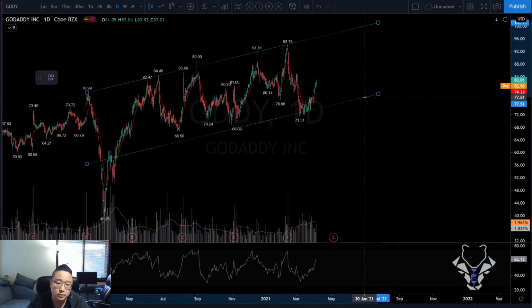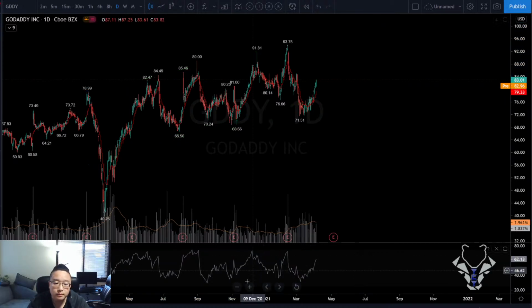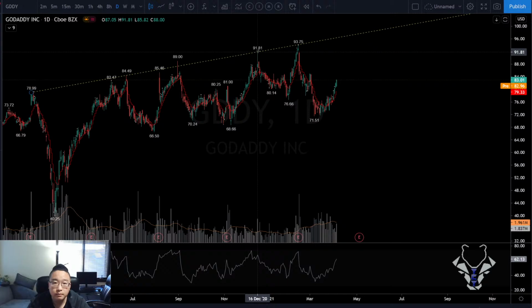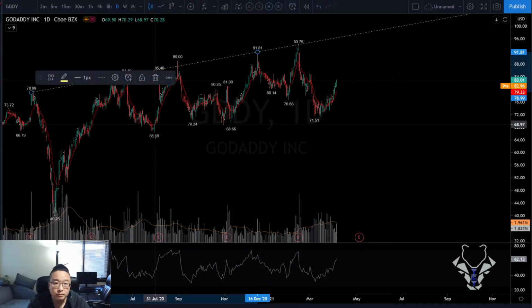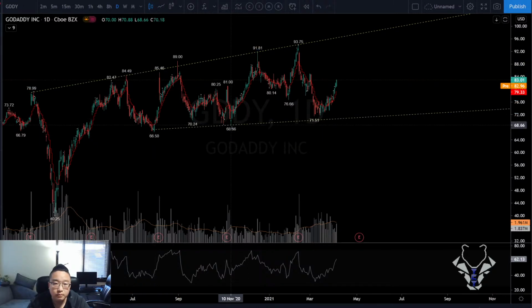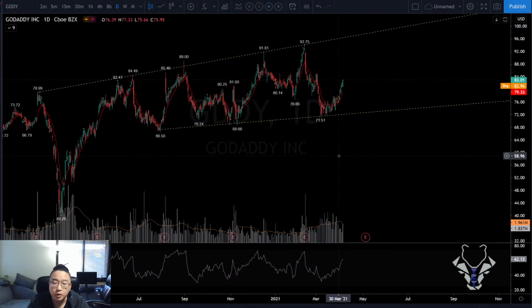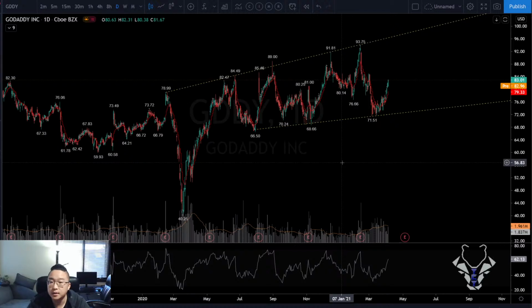Okay, maybe not. Those are your two key trend lines. This could be a very nice ticker for, oh, it's GoDaddy.